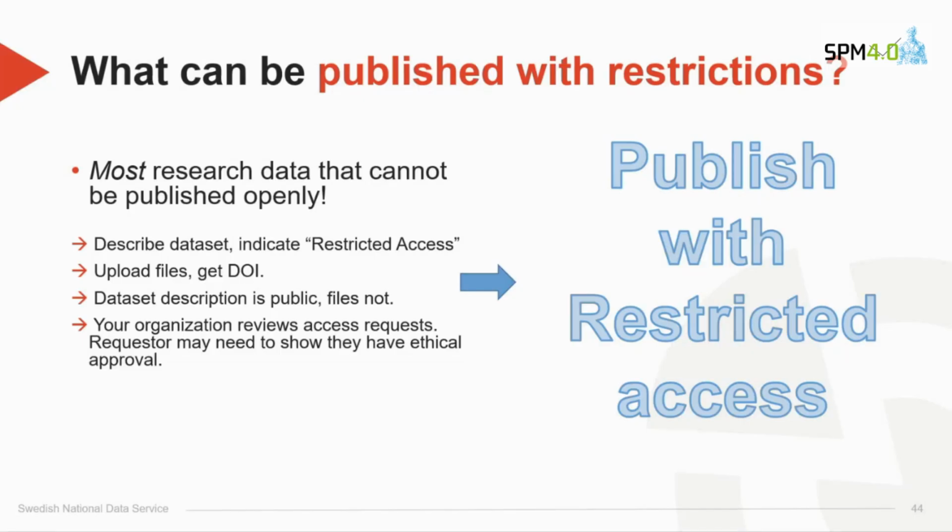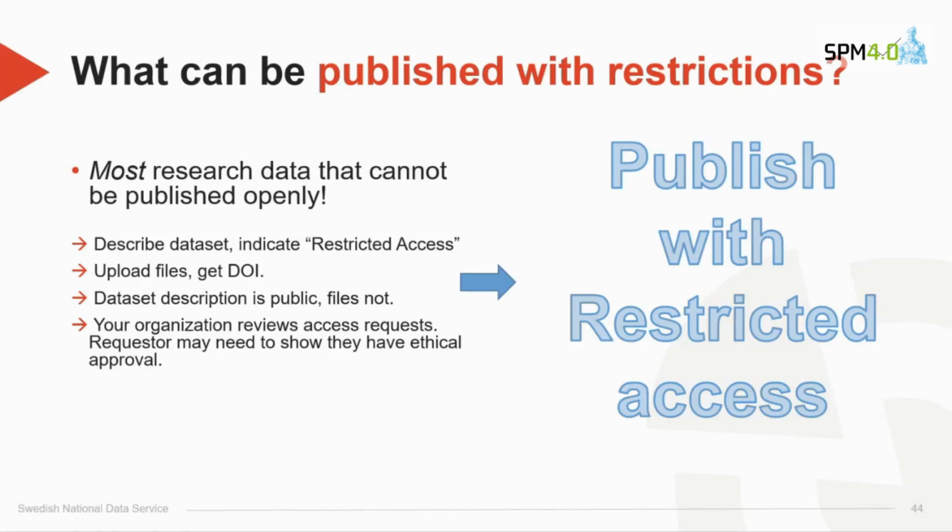Depending on the repository and your university, like who owns it, it might also be that once you've published with restricted access, you don't get to decide who gets the data files. If you publish to Zenodo, you can't publish there with personal data, they say no. But maybe you just don't want this data set to be accessible.